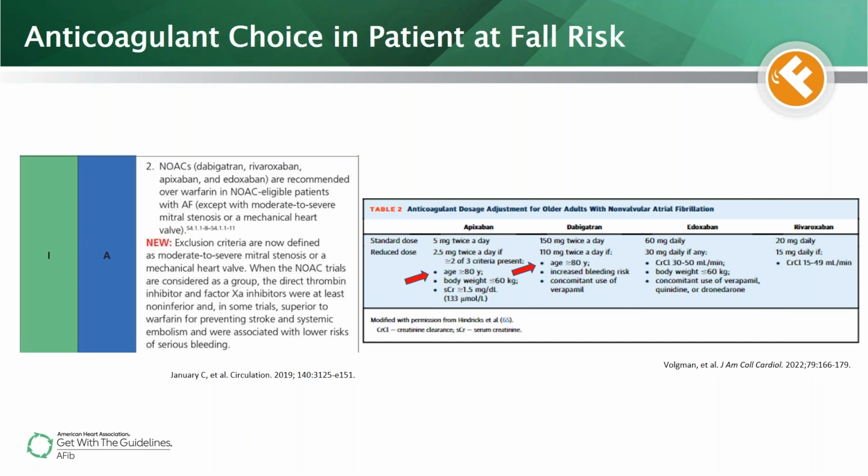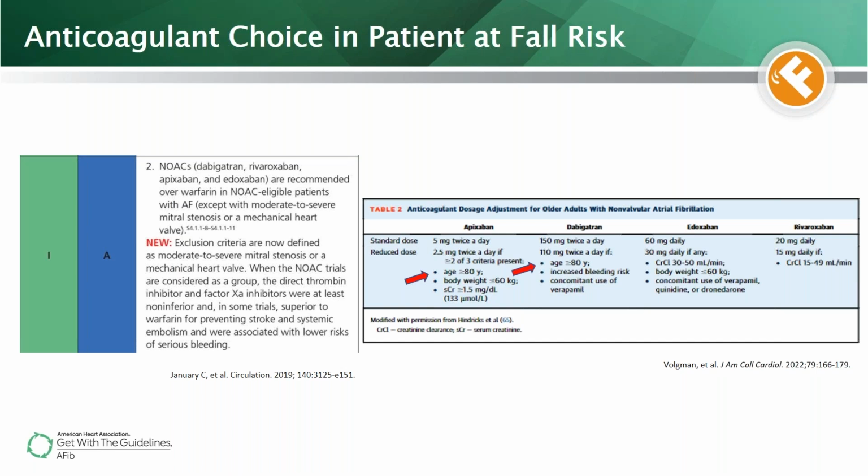NOACs were recommended over warfarin in NOAC-eligible patients with AFib, except in those with moderate to severe mitral stenosis or mechanical mitral valve. When NOAC trials were considered as a group, the direct thrombin inhibitors and the factor Xa inhibitors were at least non-inferior, and in some trials superior to warfarin for preventing strokes and systemic embolism, and were associated with lower risk of serious bleeding.